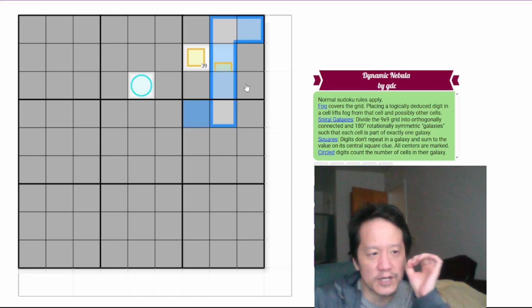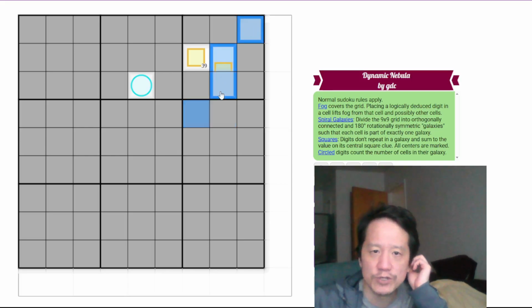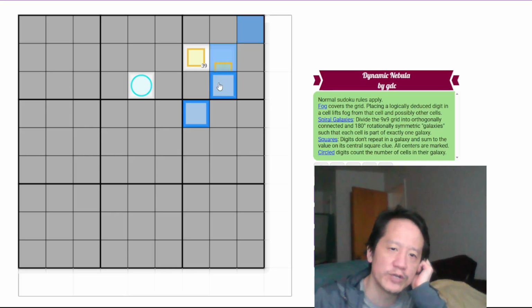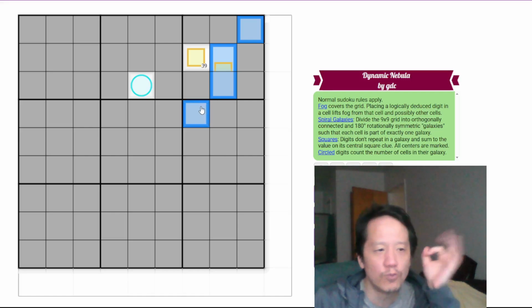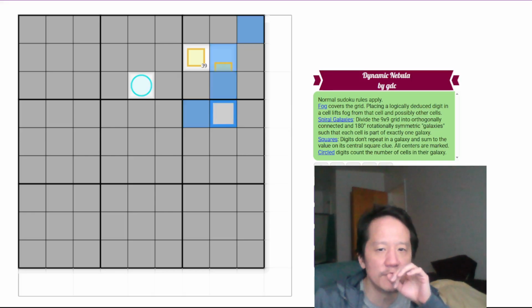You should be able to connect any cell in the galaxy to any other cell just by going through edges, and this would not work, because you can't go through edges from one cell in the galaxy to the rest. This would work.